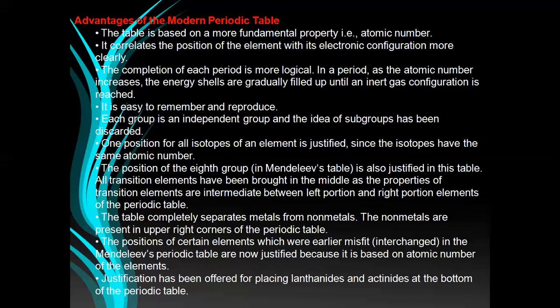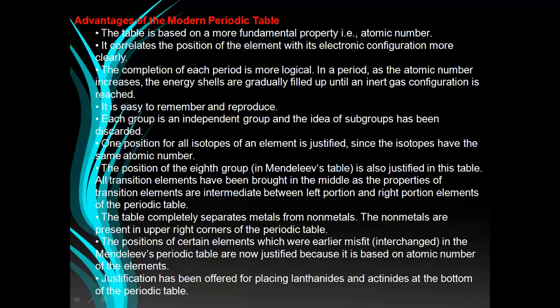In Mendeleev's periodic table, certain elements did not fit, that is, they were misfits, but in this modern periodic table the elements are fitted properly. Next is lanthanides and actinides.